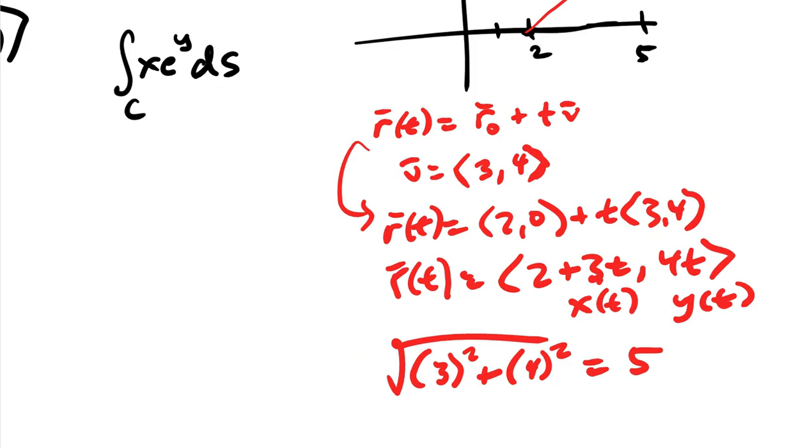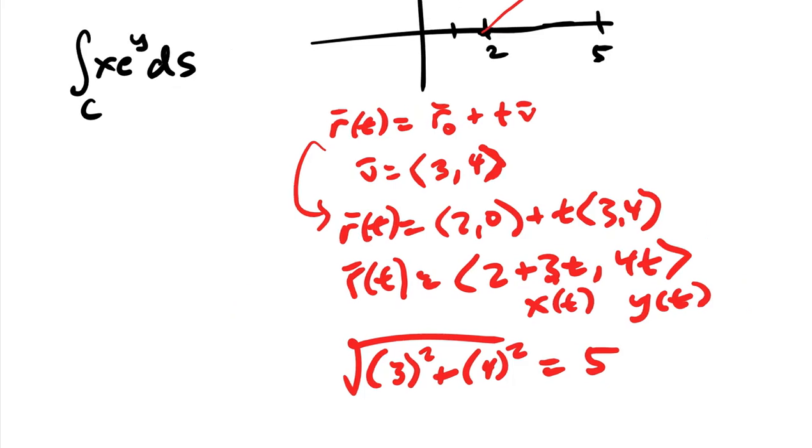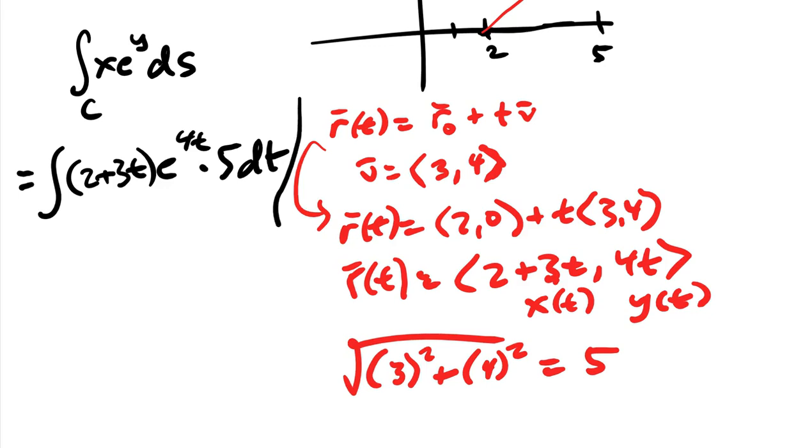So what we get from this integral is the integral of x, which is 2 plus 3t, y is 4t, and then times 5 dt.